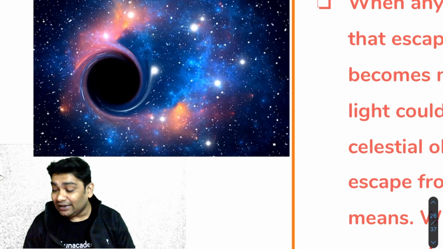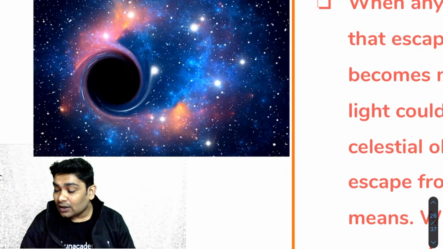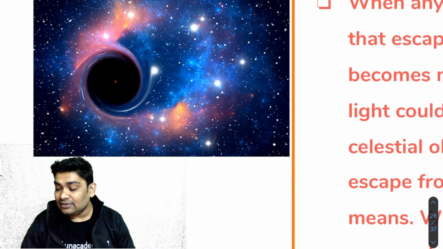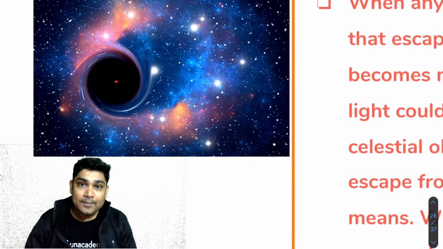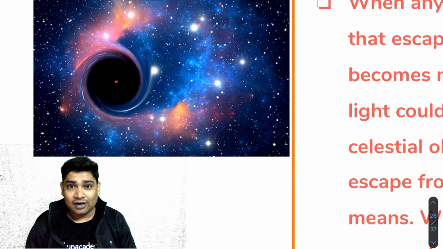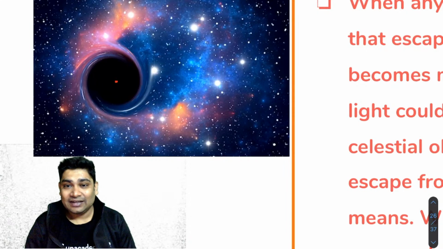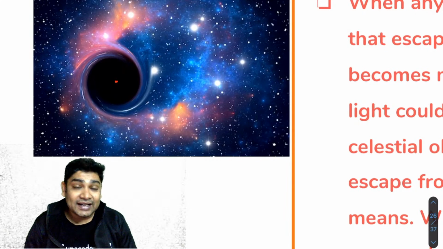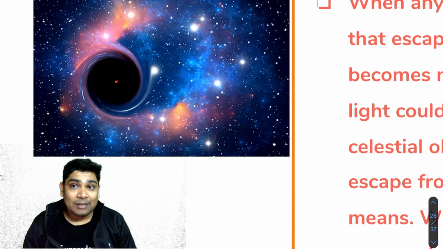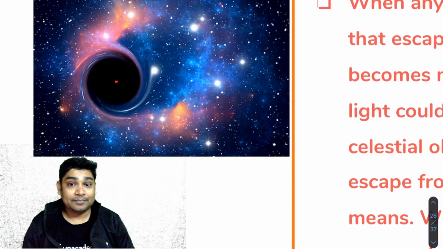As I said, the center of the black hole, people have suggested, acts as a singularity point. You know what a singularity is in mathematics? In mathematics, a singularity is a point where a mathematical function cannot be defined.